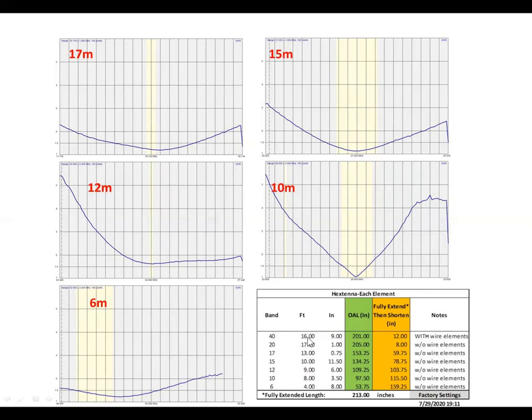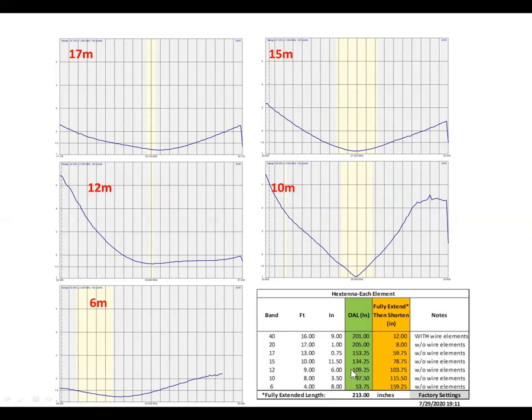So what I ended up doing, I took the factory settings out. These were the values I ended up with, the length of the elements to get these SWR plots.